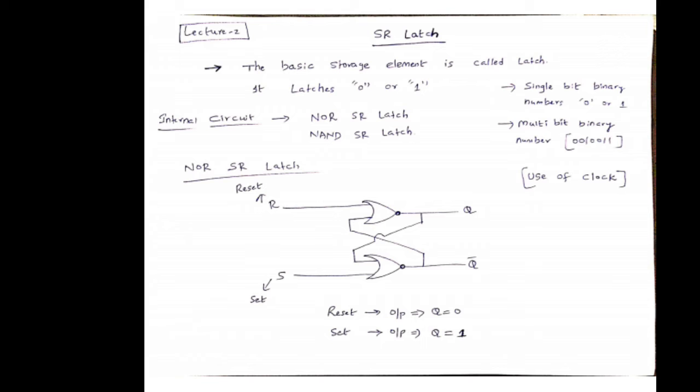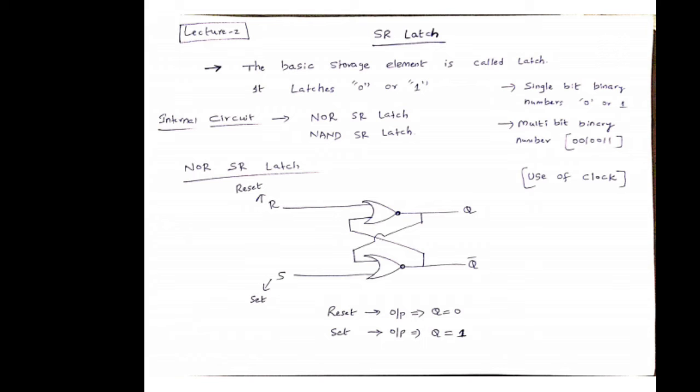Before going to the coming slide, what is the use of the clock signal? The basic difference between flip flop and latch is, flip flop is a memory block which can store a single bit binary number, but we have control over the input combination.